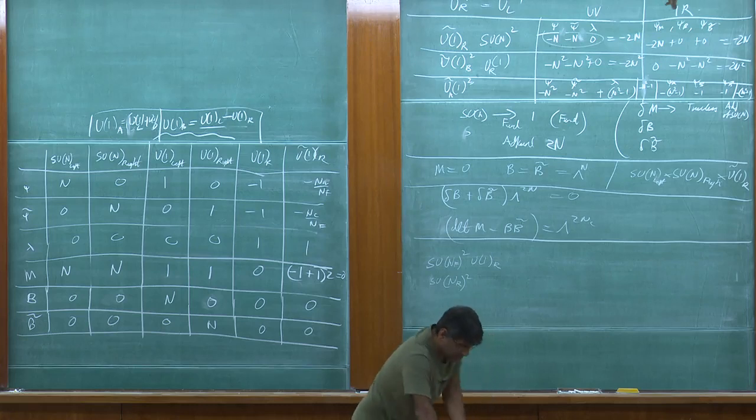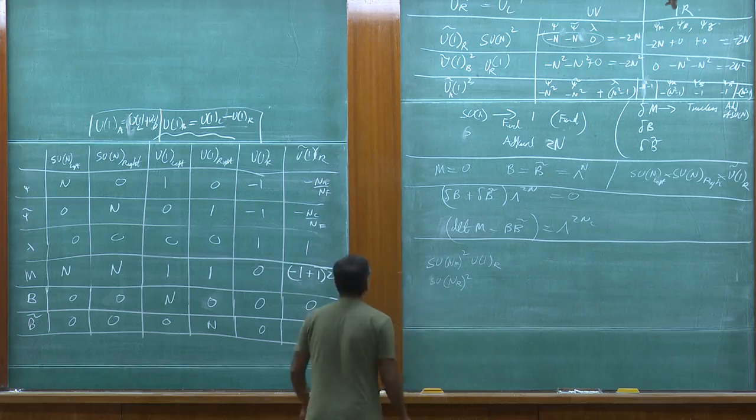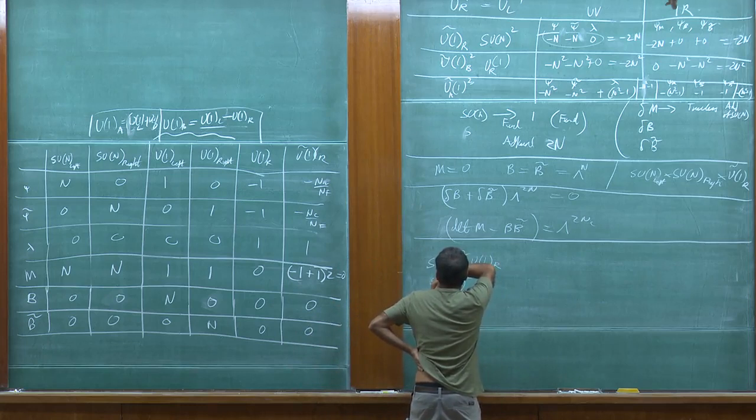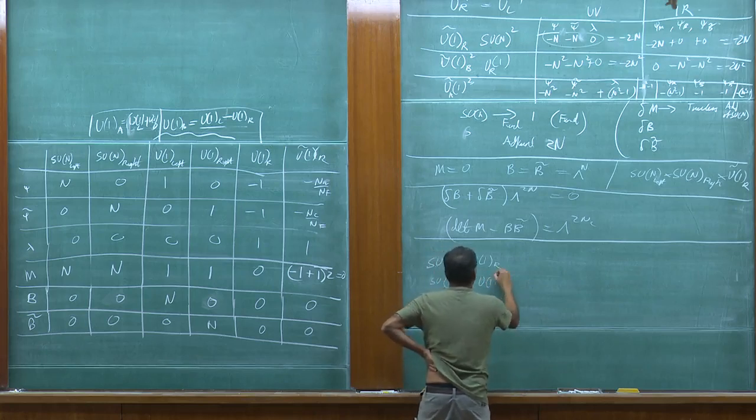Yes, so we could have SU(N_F) squared times U(1)_R, or we could have SU(N_F) squared times delta, or you could have SU(N_R) squared times U(1)_R.